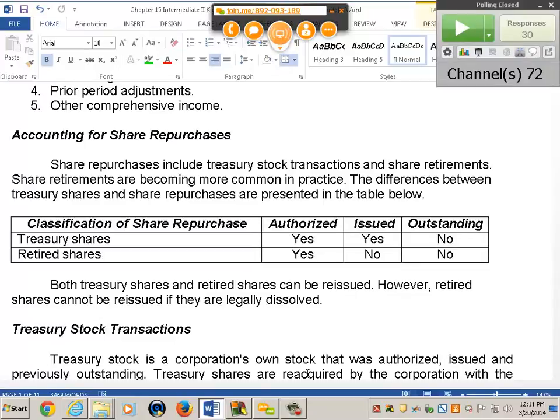The primary difference is that the retirement method will reduce the common stock at par directly, and the par value method uses a contra account. And I'm going to leave it here and go back to this, but I just want to leave it on the table so we can see it on the board.